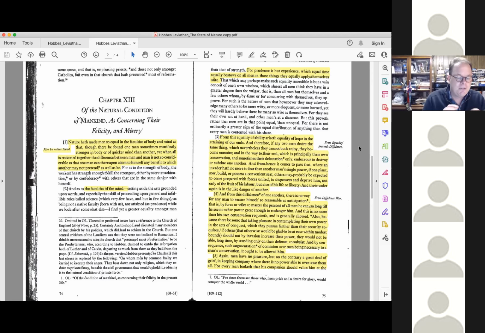So look at this. From these features of human nature and these motivations and this equality of power, you start to see something fundamental about how human relationships work in this world without government, right? He says, if any two men desire the same thing, which nevertheless they cannot both enjoy, they become enemies. Now think about it.